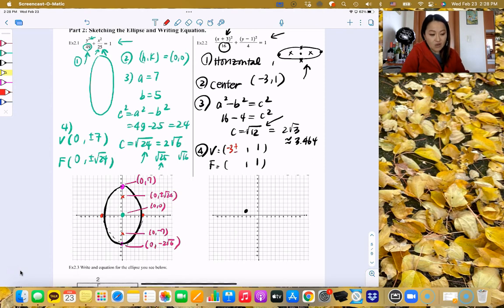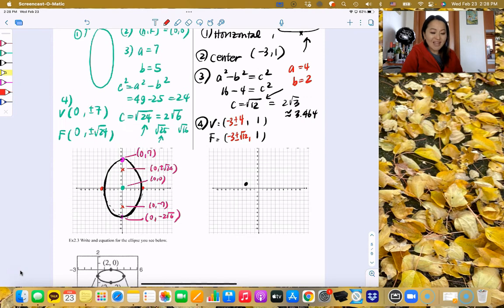What's our A value? We didn't write our A. A is 4, B is 2, plus or negative 4. Our focus is -3 plus or negative. We're going to do root 12 just so it can fit there. Oh, sorry, I'm going to write it better so you can see it better. Root 12. Okay? All right, but we need to graph it as exactly as possible.